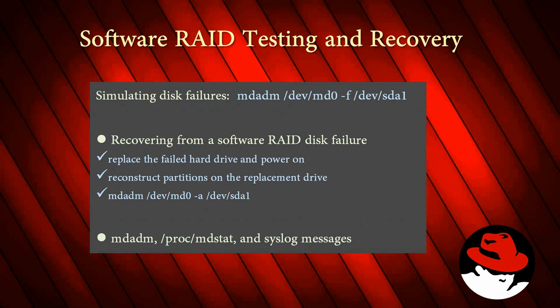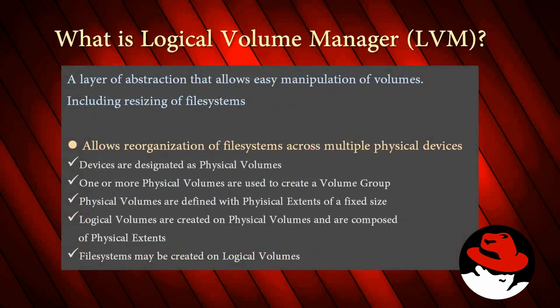Recovering from a software RAID disk failure means replacing the failed hardware drive and powering on, then reconstructing partitions on the replacement drive. The commands syslog, mdstat, and mdadm can be used to test and recover from RAID disk failure.